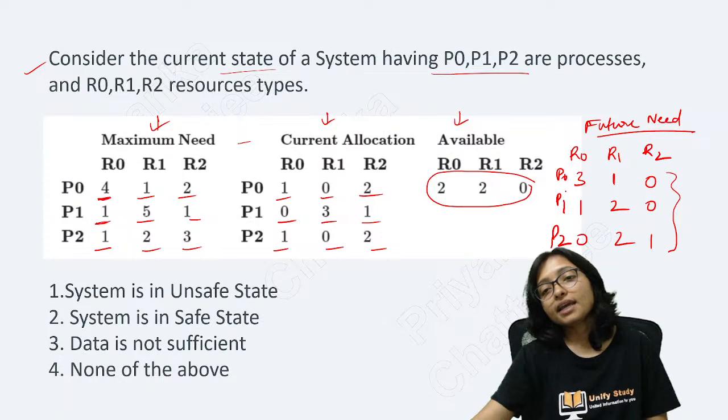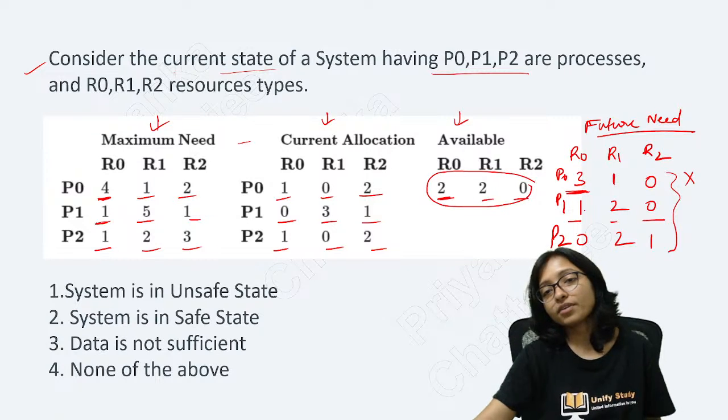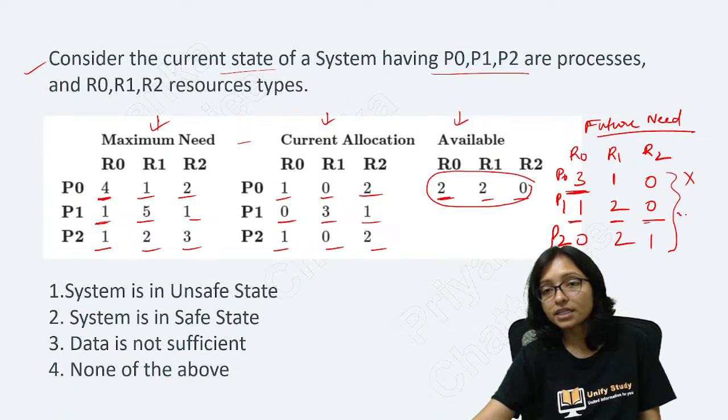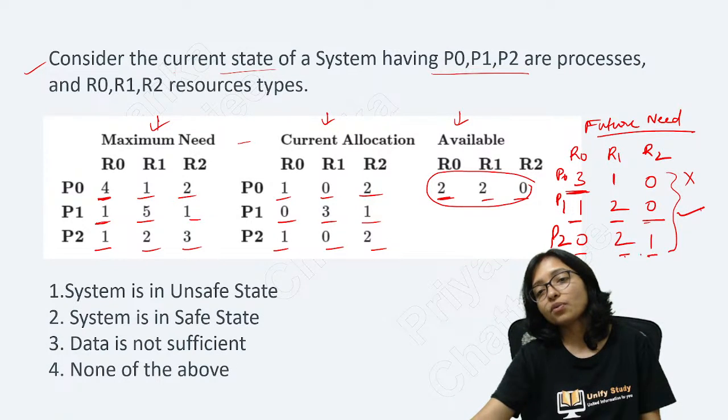I need three resources of R0 for P1, but only 2 resources are available, so I can't do this one. Here 1, 2, 0: see that 2, 2, 0 is available, so 1, 2, 0 can be satisfied. P2 cannot be, because 0, 2, 1 is not available.